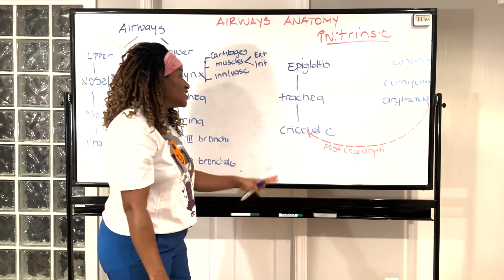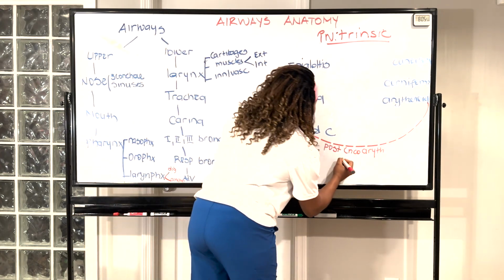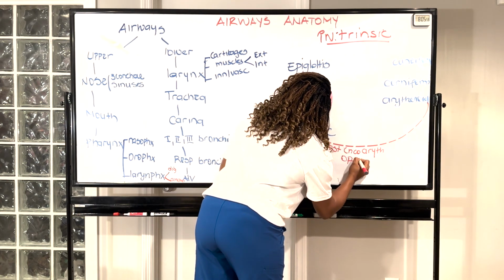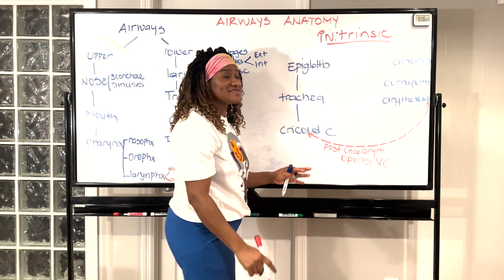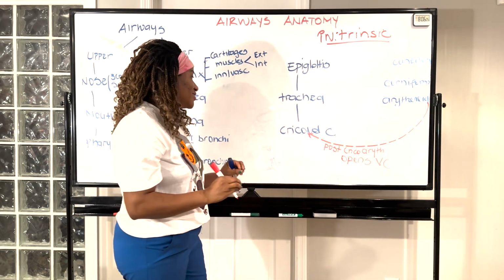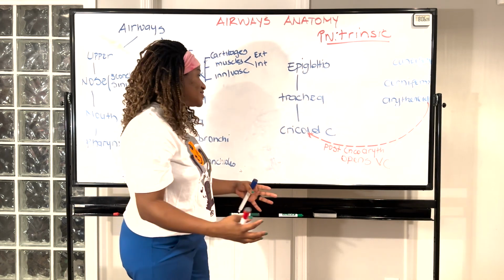So this is the posterior, the only opener. It opens the vocal cord. Don't forget this. If it's the only thing you take from this video, posterior cricoarytenoid opens the vocal cord.